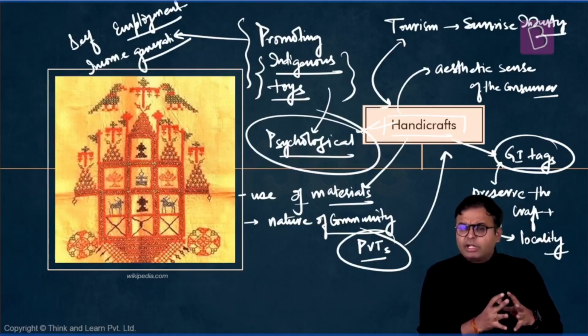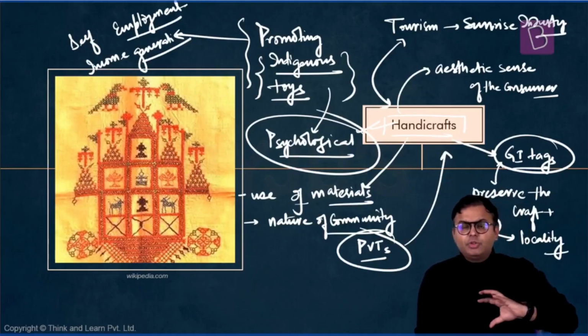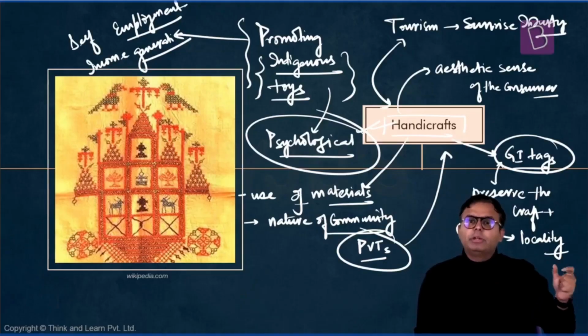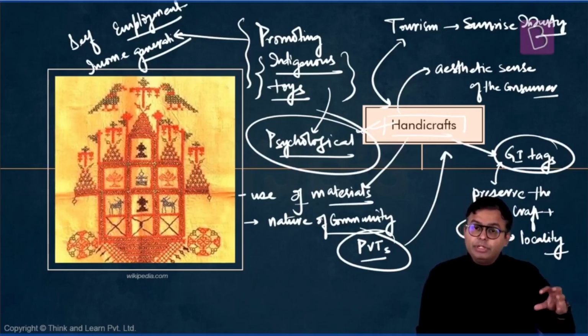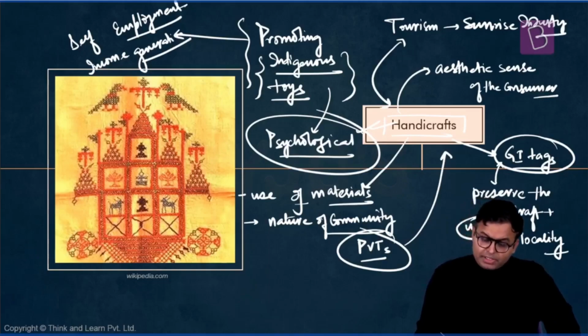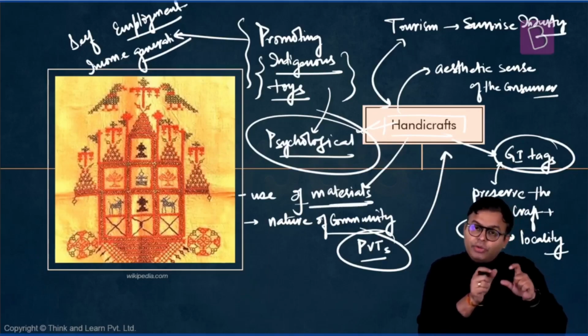So when you study handicrafts, and especially it is not about studying, when you visit a particular place in India, then try to explore the handicrafts. Then you will learn a lot about the communities, how did it evolve, what is the historicity of the handicrafts, why they use a particular material, what is the geographical connection.